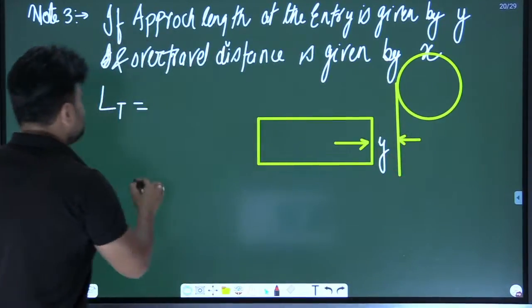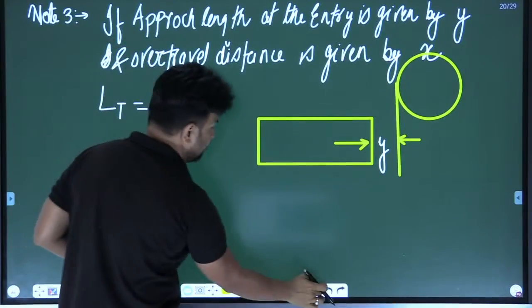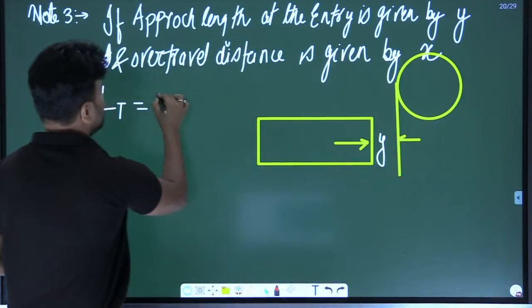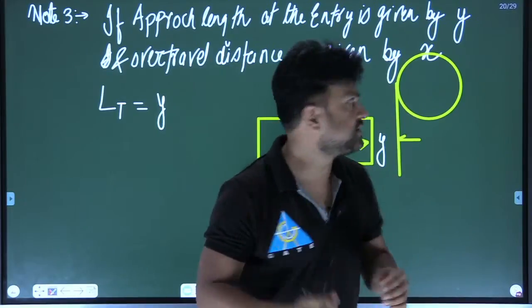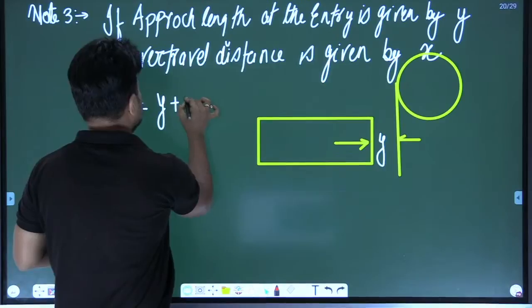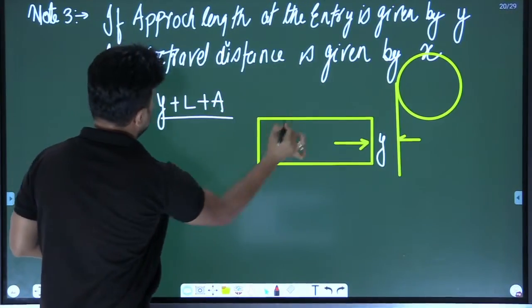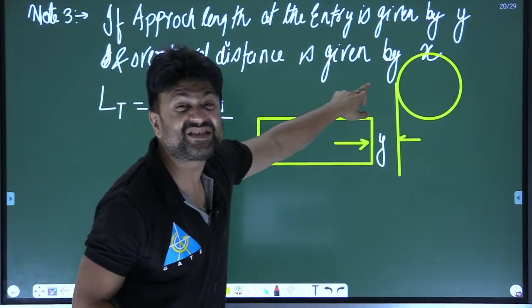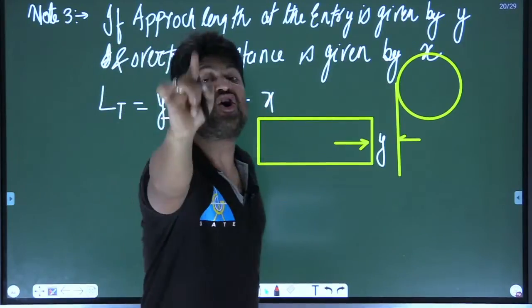Then what is the total length? First the table will move y distance, then the milling cutter will touch the workpiece, then the table will move L length, then A. Now here in the question the over travel distance is given by x, so I will add x, not A.